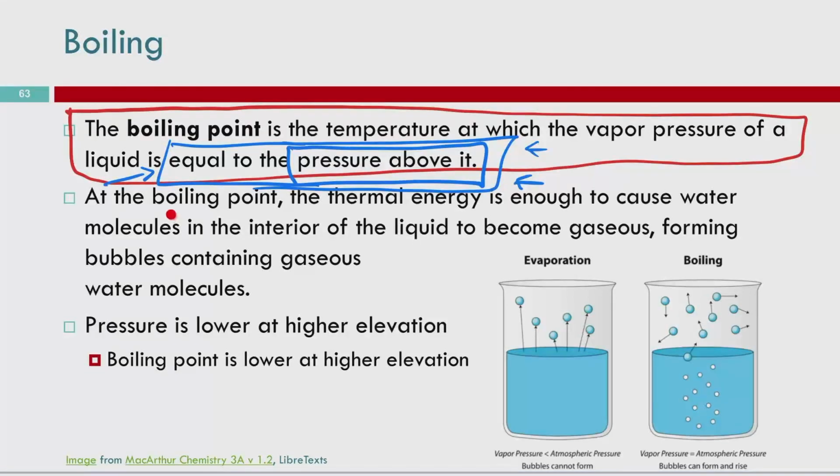So what's happening at the boiling point, the temperature at which our liquid boils? The thermal energy, the energy of our molecules, gets high enough that water molecules in the interior of the liquid, underneath the surface, not just at the surface like the little steam coming off your water, now have enough energy that they can push away all their neighbors, waving their hands furiously, leaving the rest of the water.